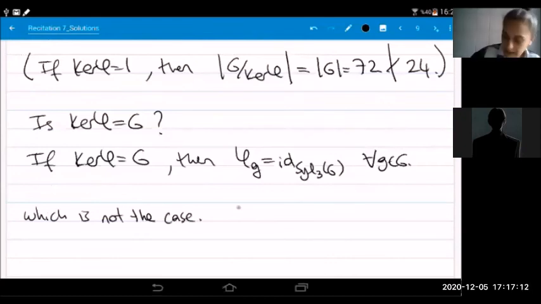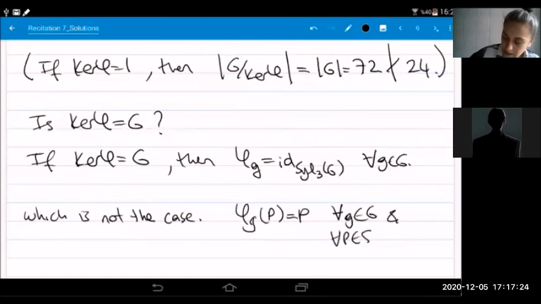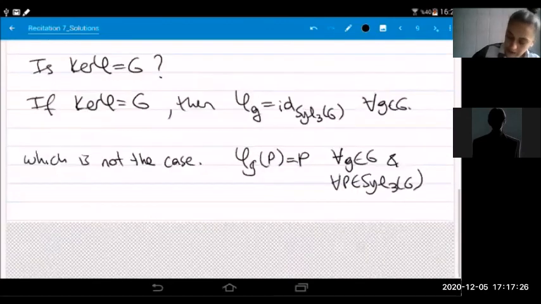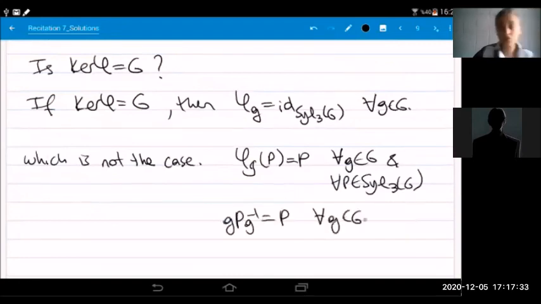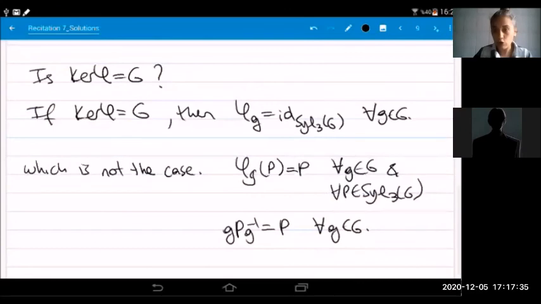Because this means that phi_g(P) = P for every g in G and for every P in Syl_3(G). This means that gPg^{-1} = P for every g in G. From here, we conclude that P is a normal subgroup, right? A Sylow 3 subgroup is normal.